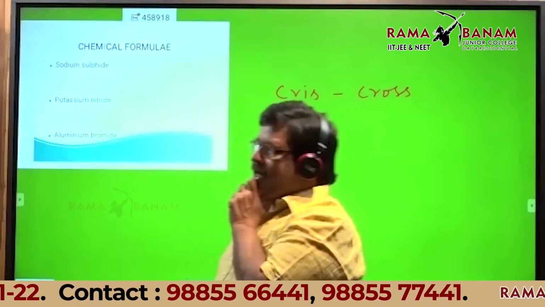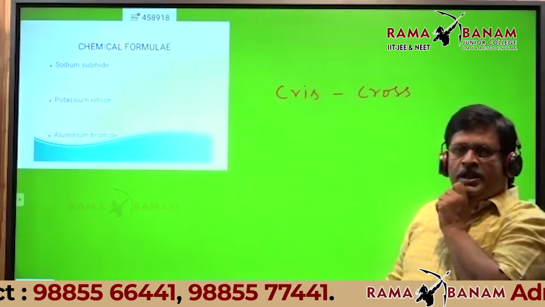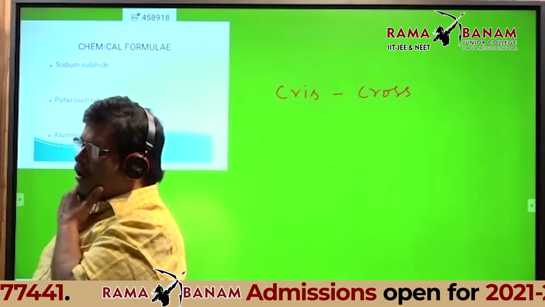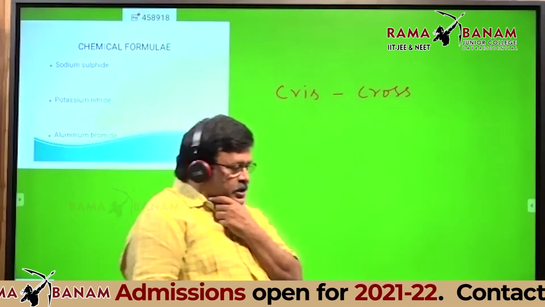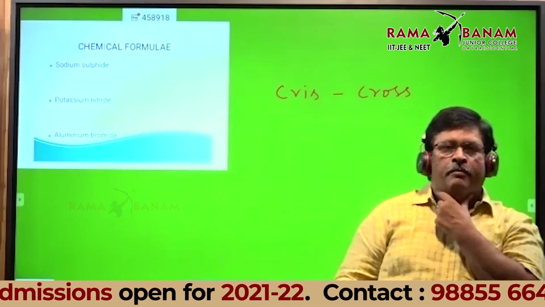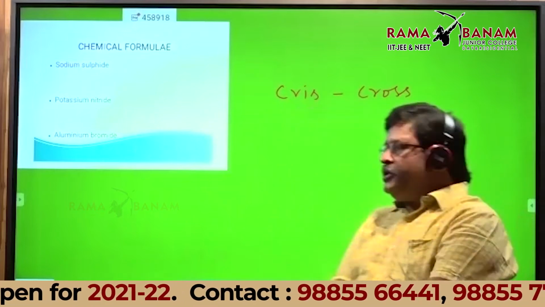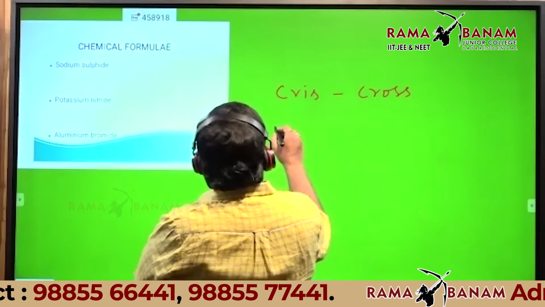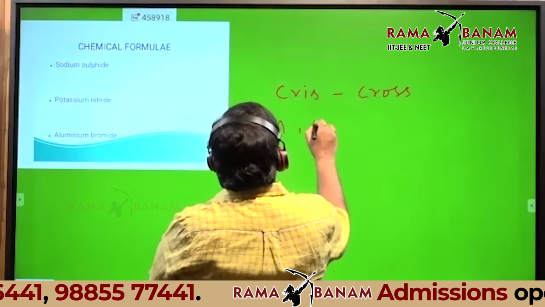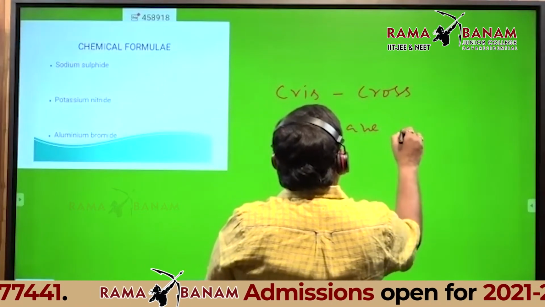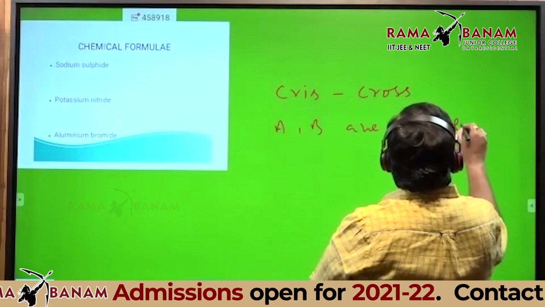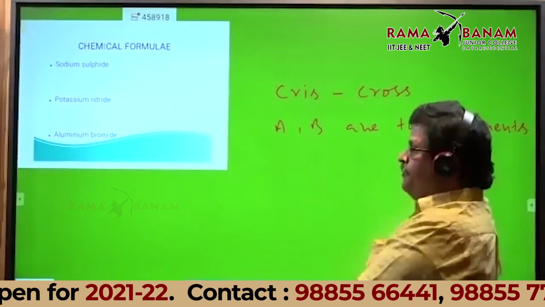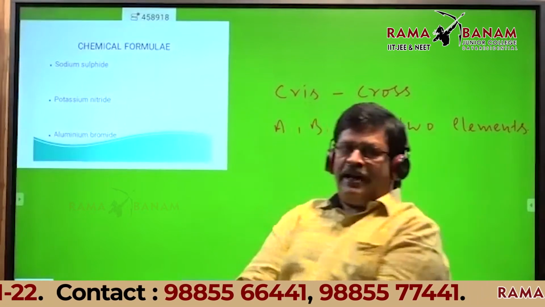First I'll explain one, and in today's class your contribution should be 80%. I don't want to teach anything, I'll just explain very few points, and based on that you should be in a position to tell all. Suppose A and B are two elements and they combine.